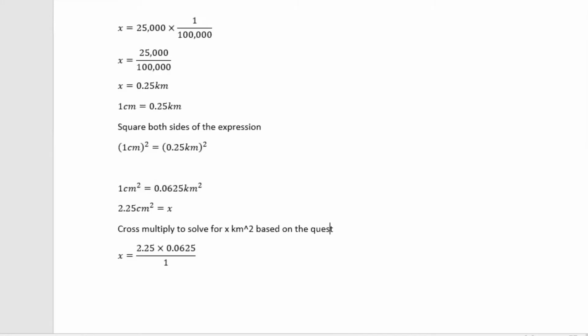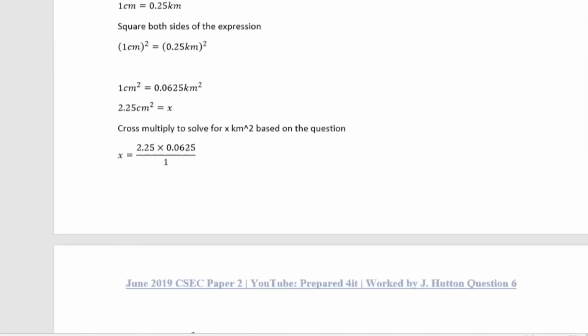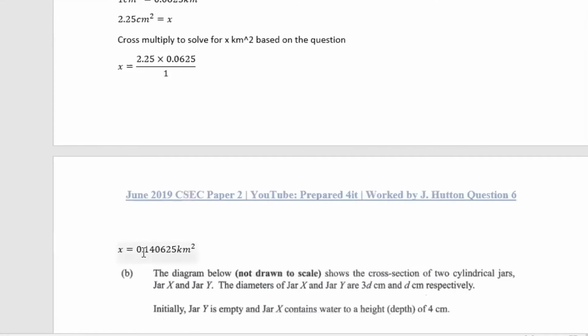We're trying to find the equivalent amount for 2.25 centimeters squared, and that is how we got x equal to 2.25 multiplied by 0.0625 divided by 1, and we got x to be 0.14065 kilometers squared. And that is our answer.